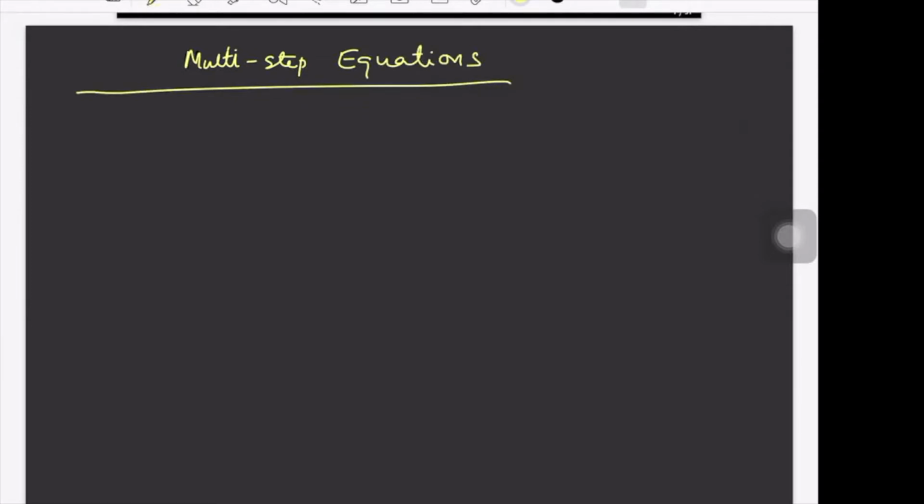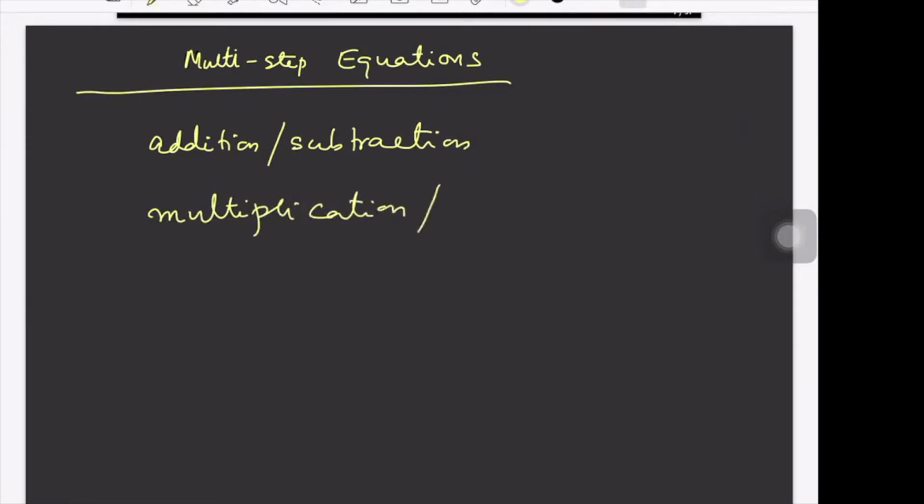Earlier, the questions could be solved in just one step, as in either addition, subtraction, or multiplication, division. We already saw all these types of questions. Now let's look at a question which will have both operations involved.